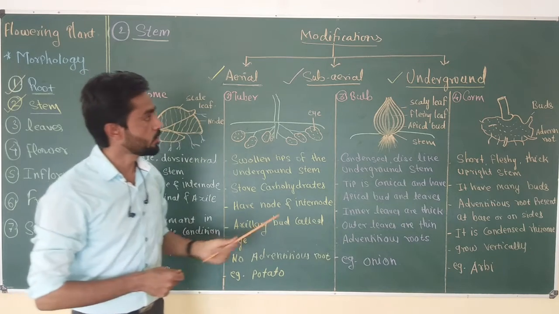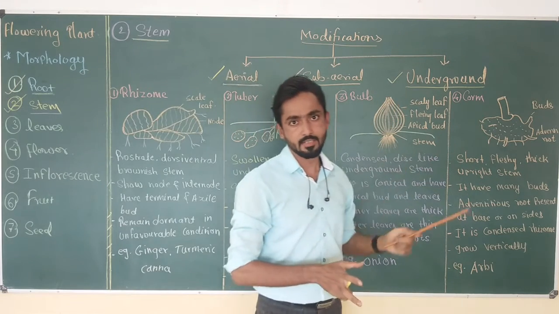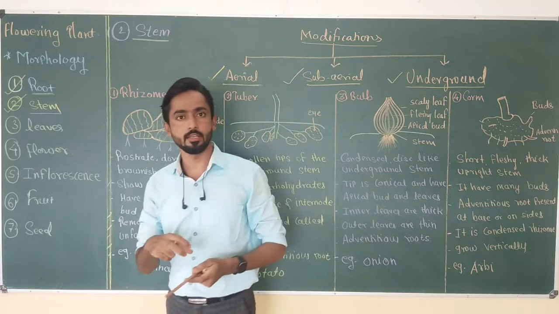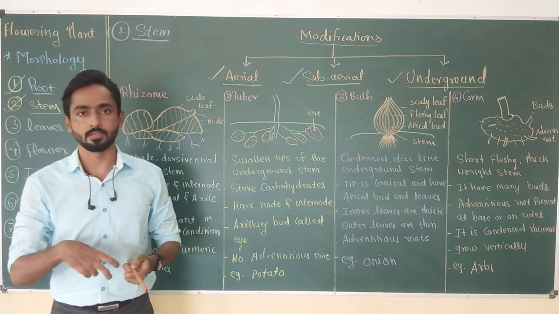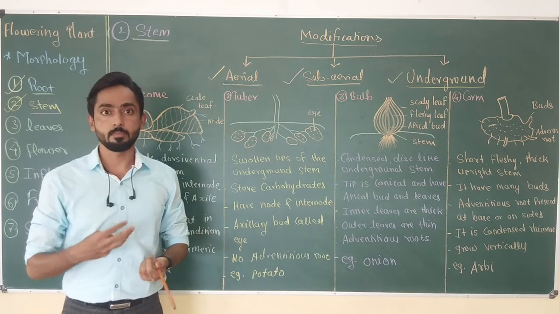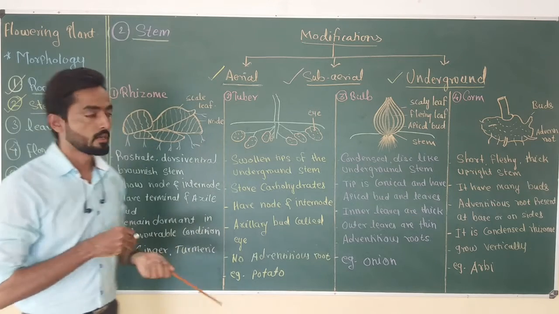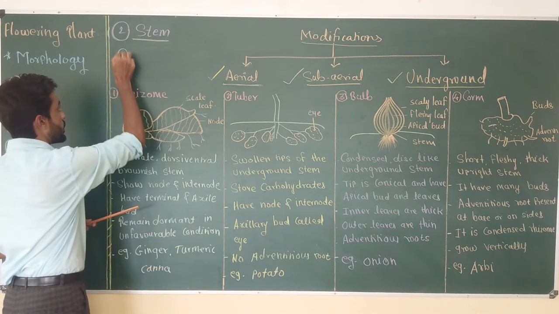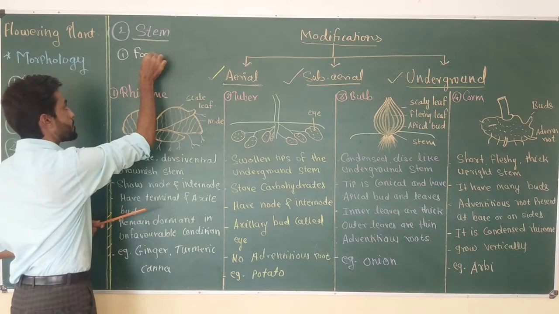surface. Okay, so in many herbaceous plants, the stem grows horizontally or vertically below the soil surface and performs three important functions. The functions are: number one, it stores food.